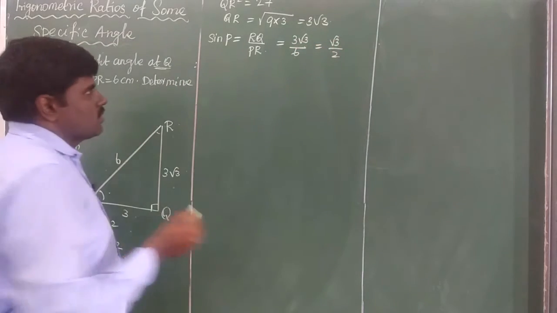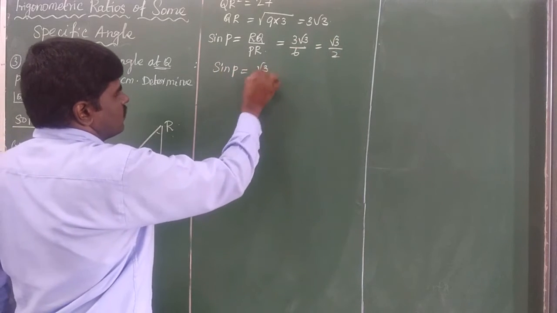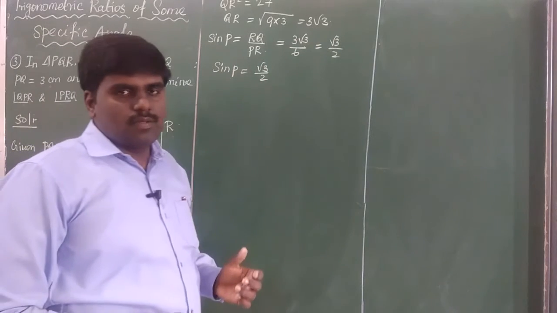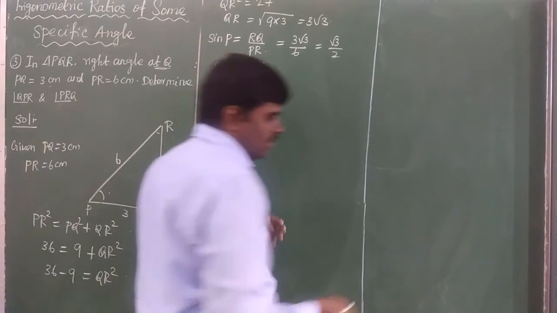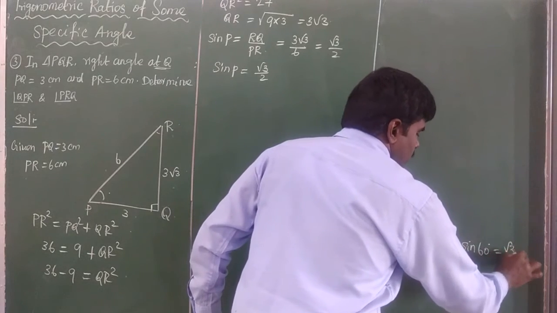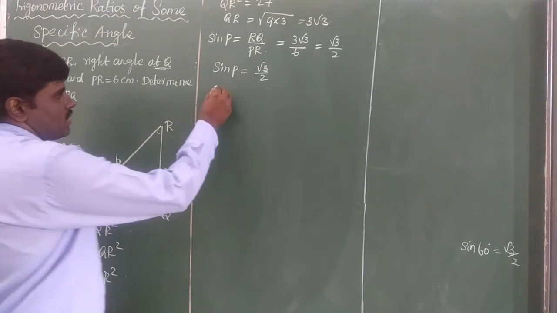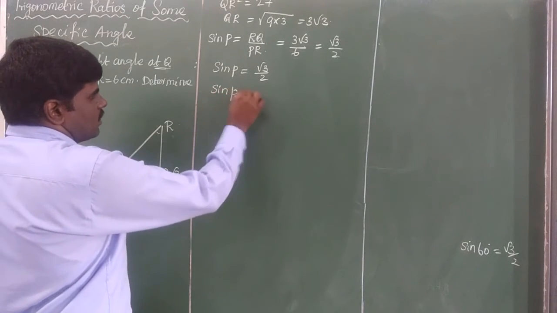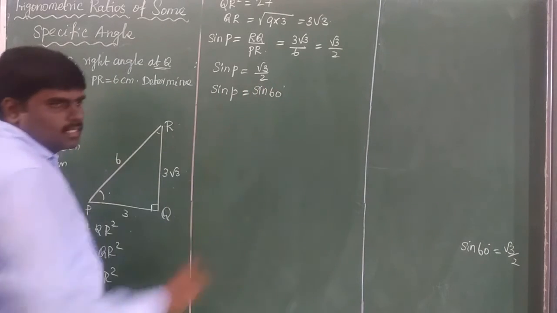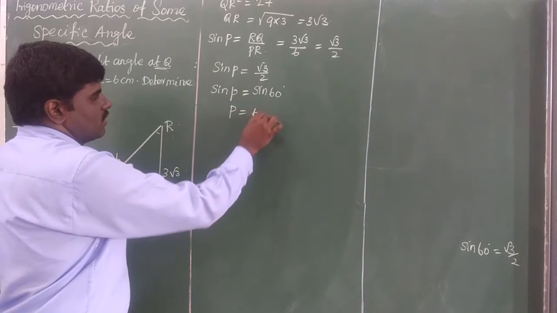So the sin P value is equal to root 3 by 2. Sin of what value will come to root 3 by 2? That's sin 60 degree. We know that sin 60 degree is equal to root 3 by 2. So P is equal to 60 degree.